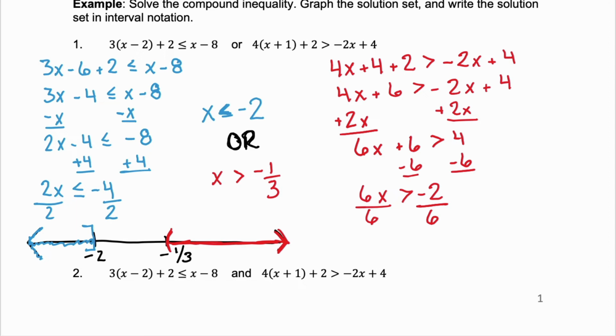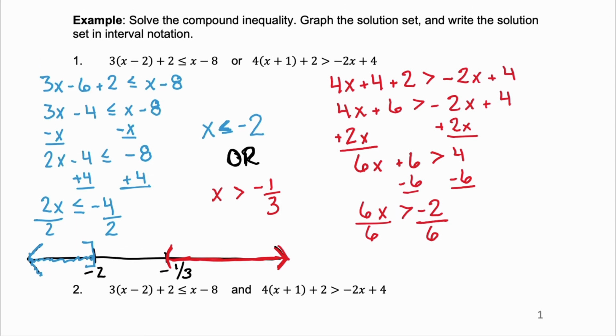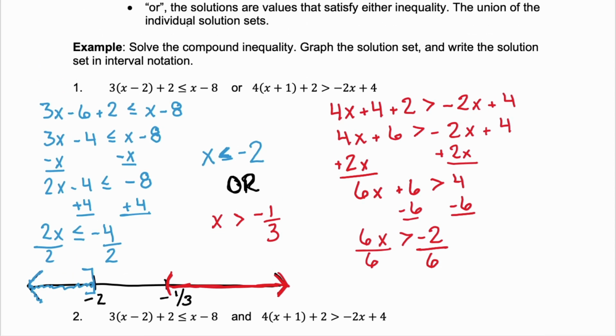Now remember, from above, or we can go back and look above, in "or," the solutions are values that satisfy either inequality, the union of the individual solution sets. So replace these inequalities with the color of the inequality, and your solution is blue or red.